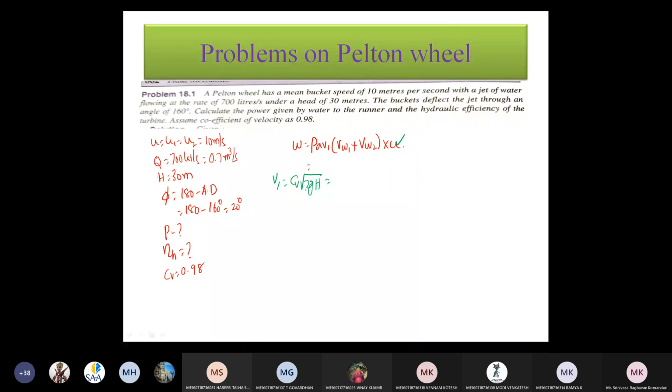So next one, after finding out the value of V1, how to find out VW2? First draw the inlet velocity triangle and the outlet velocity triangle. So the inlet velocity triangle has U1, VR1. V1 is equal to VW1, both are the same. Then the outlet velocity triangle.